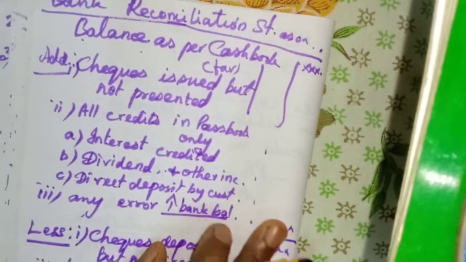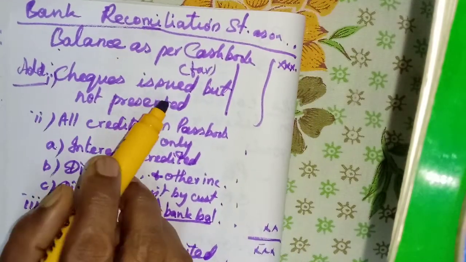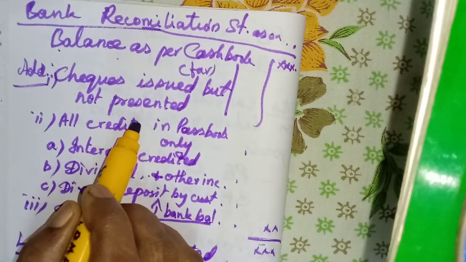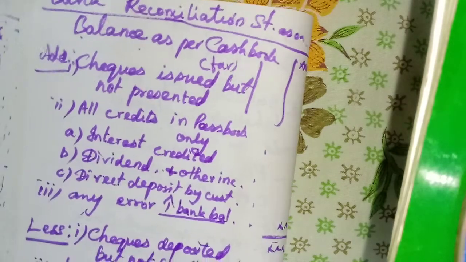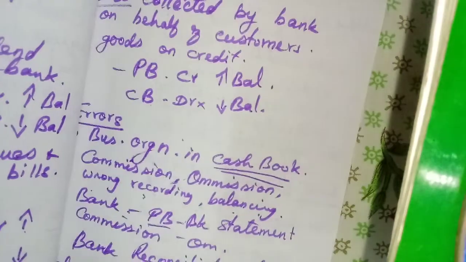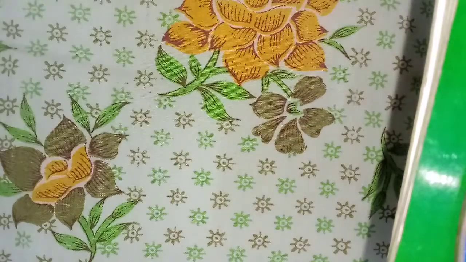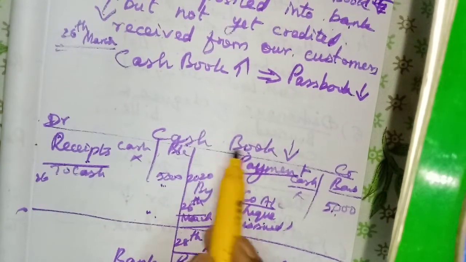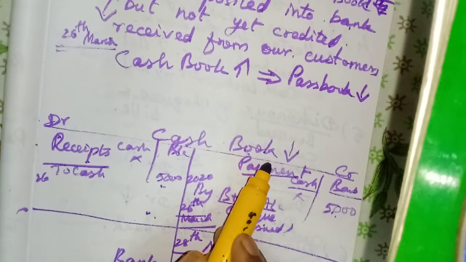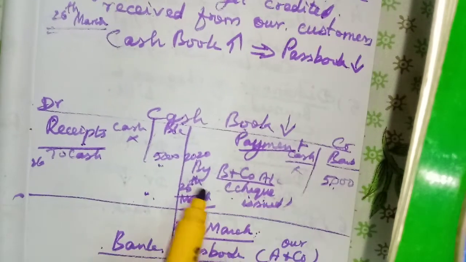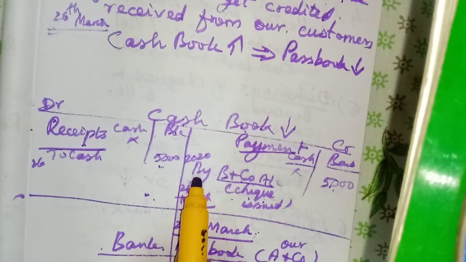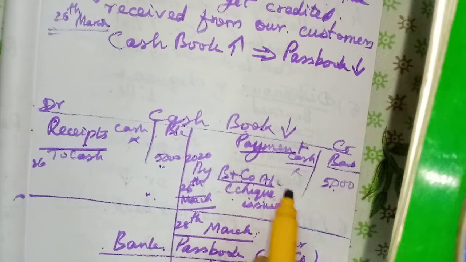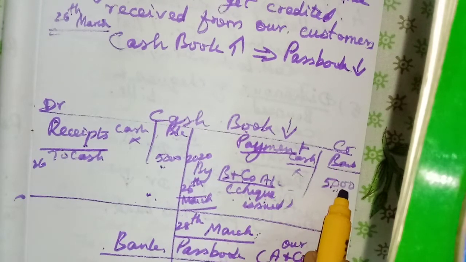Now you see, I will explain this one. Why are we adding this one? Check issued but not presented for payment. When we issue checks, where do we enter them? I have taught you already, isn't it? When we issue a check, we write whom we have issued it to, and in the passbook bank column we write 5,000.